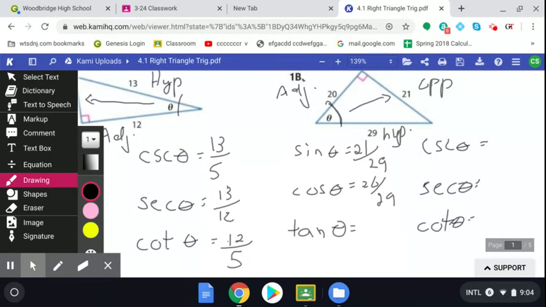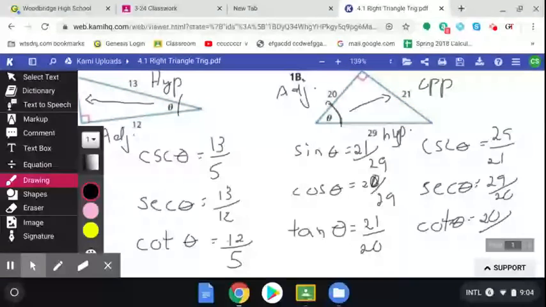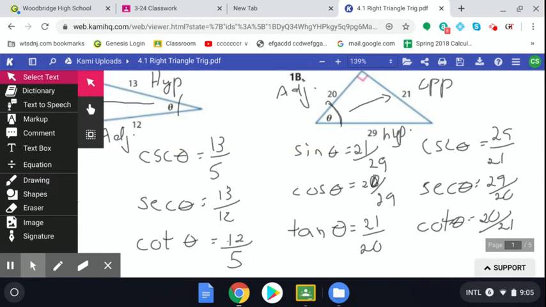And finally, tangent theta should be 21 over 20, opposite over adjacent. Flip them, 29 over 21, you get 29 over 20, this should be a 20. And cotangent theta should be 20 over 21. So this is pretty simple. We're going to move on.